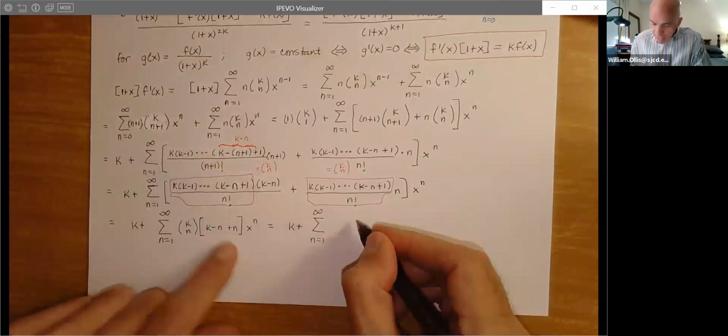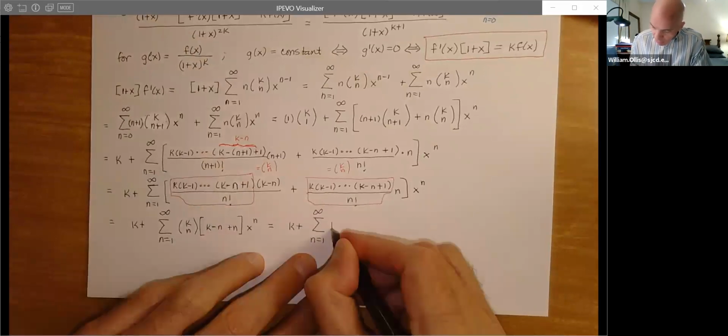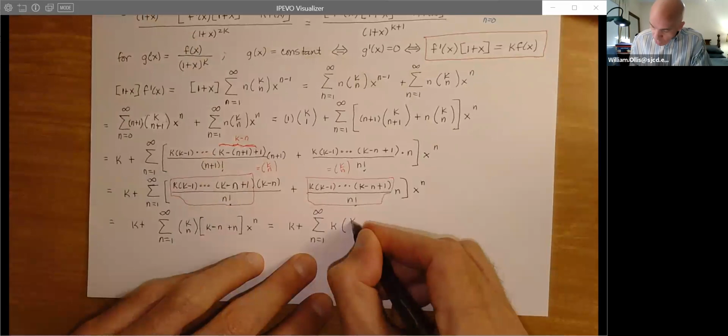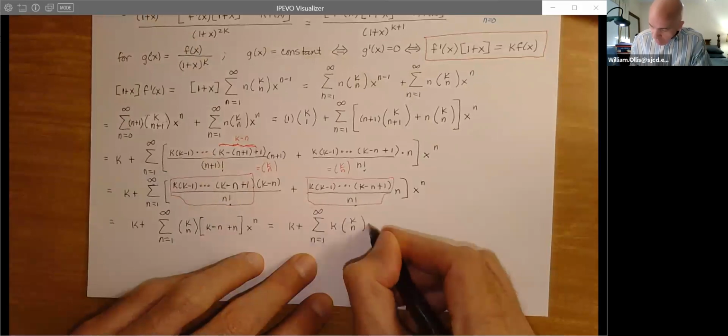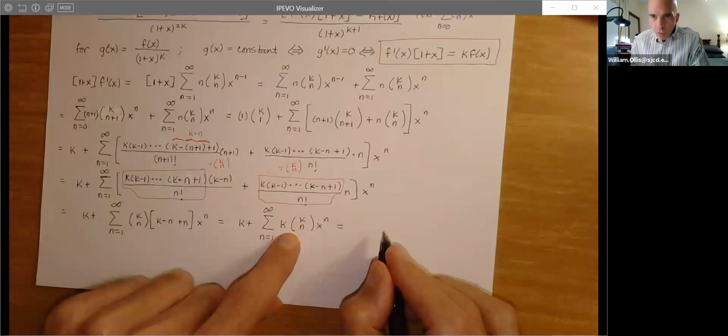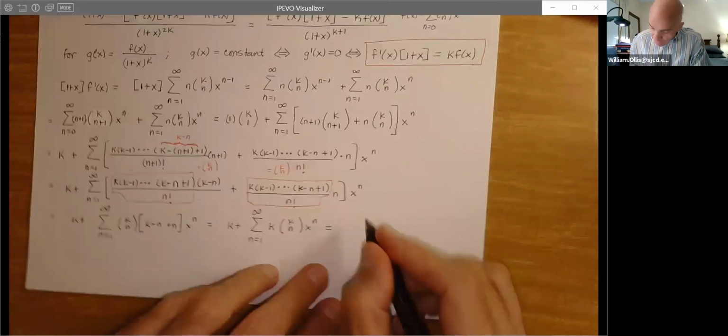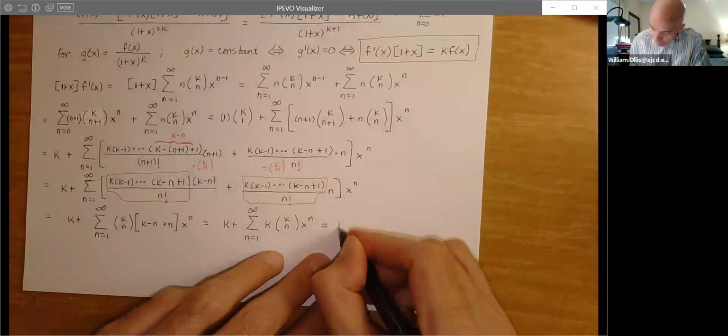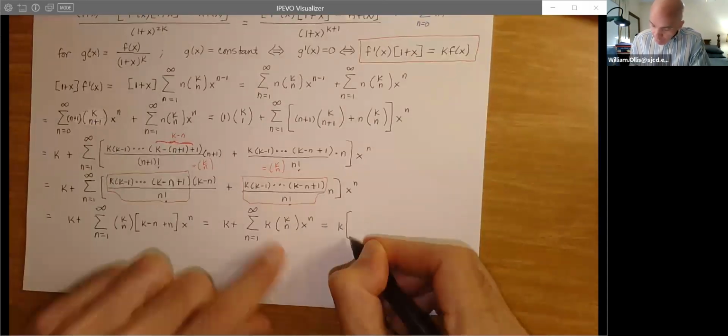And so we just get k times this. So k times k choose n, x to the n. But that's just k times, almost, we're almost there. So this will be k, factor the k out of both of these.